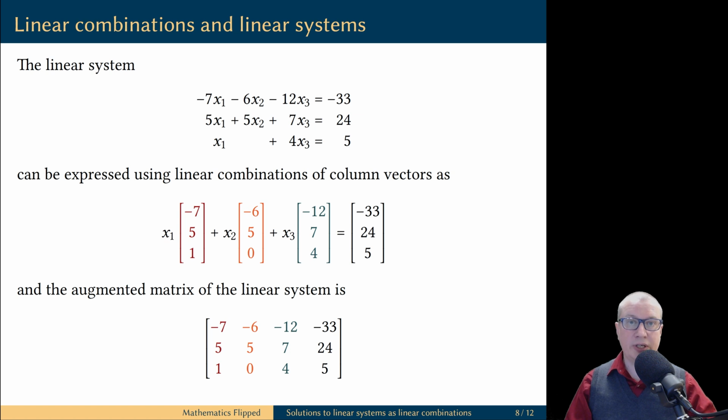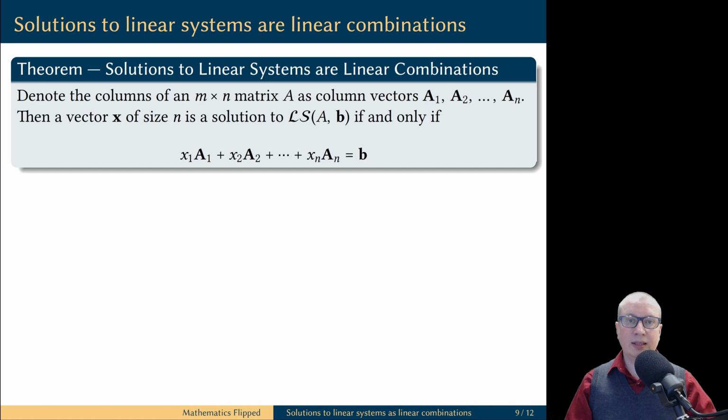In particular, in our new vector interpretation, it means that to solve the linear system is to find the values of the scalars x1, x2, x3 that make the linear combination of the columns of the coefficient matrix equal to the vector of constants. Let's formalize this observation in the following theorem.